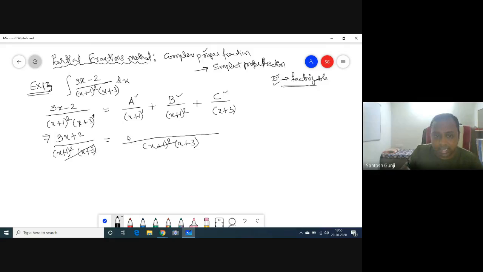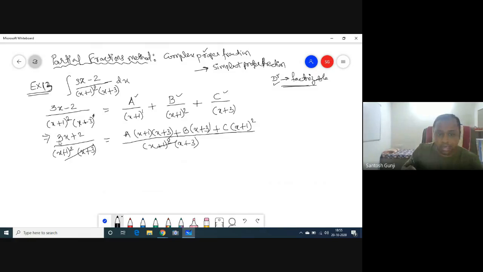So ultimately it would come like A into (x plus 1) into (x plus 3), plus B into (x plus 3), plus C into (x plus 1) the whole square.